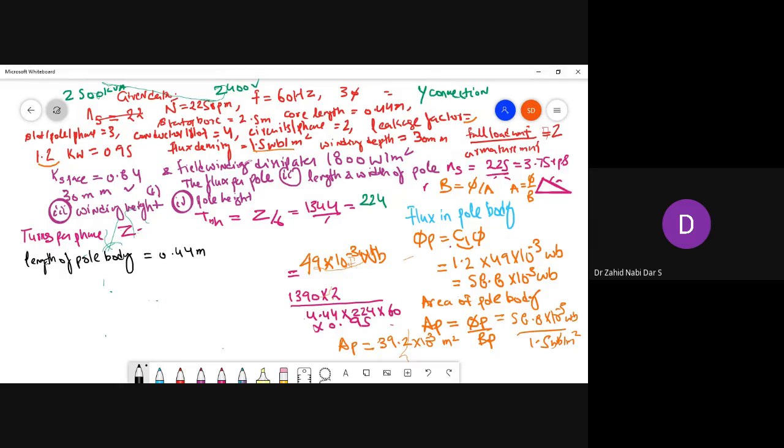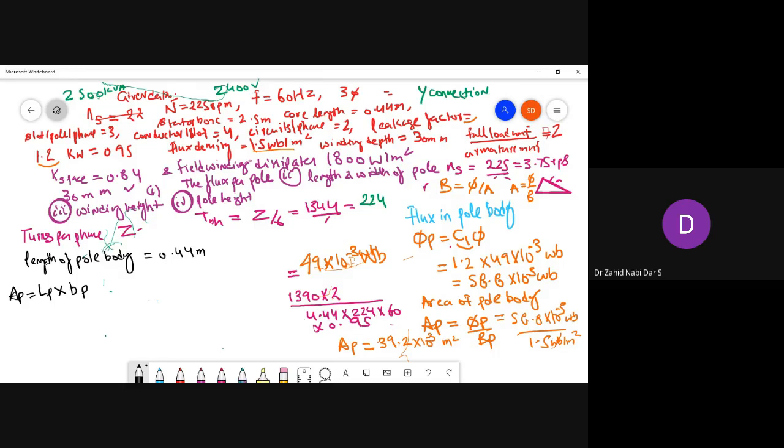It's a rectangular section, so the area is equal to length LP into width, or breadth BP. It is asking us to calculate the length and width of the pole. So the area is equal to the length of the pole body and the width of the pole body.